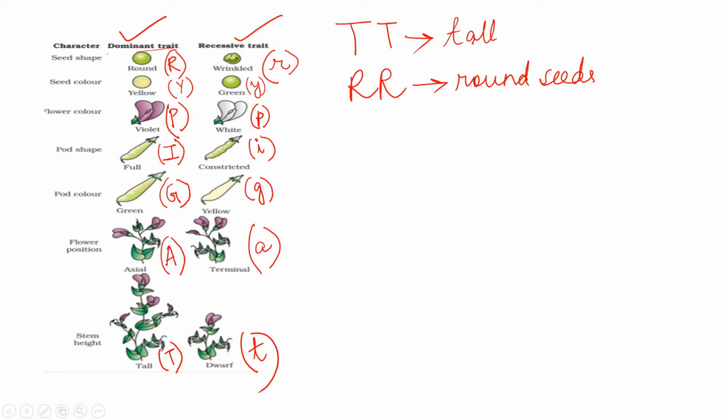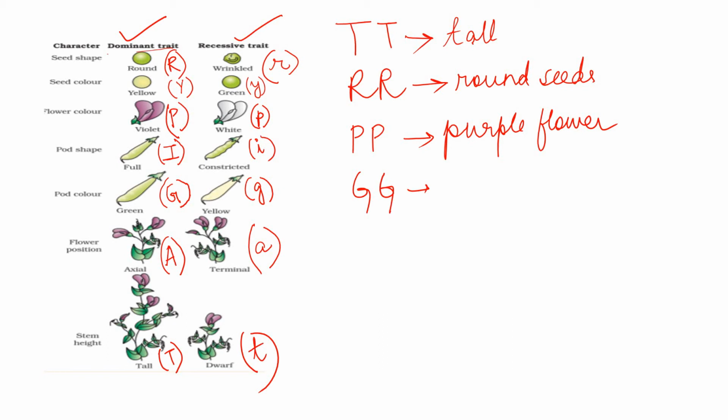Suppose now I write capital P, that means the plant will have purple flower. Then I write capital G, then that means the plant will have green pod color.